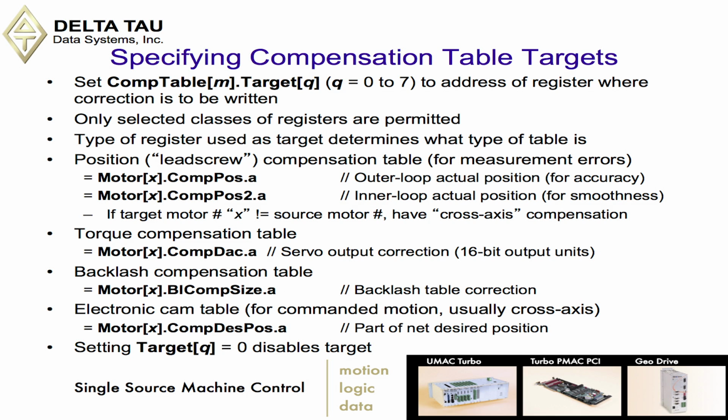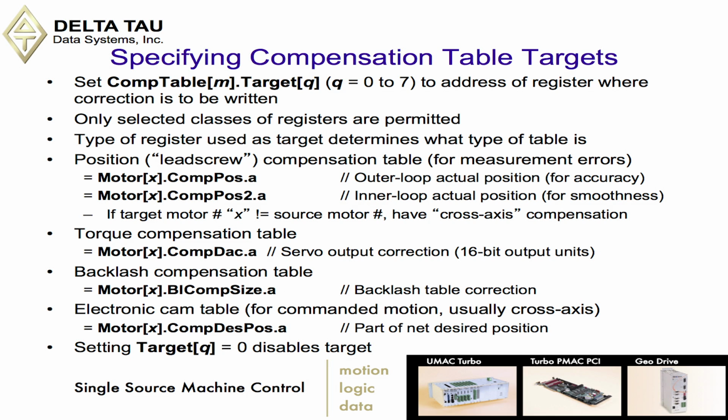And so we can see here, the target could be the outer loop position, the comp pos register, or comp pos 2 register, which is the inner loop, the velocity loop. So there's the position loop, velocity loop. For a torque compensation table, we would use the address of comp DAC.